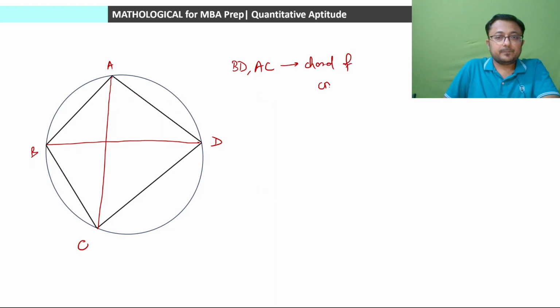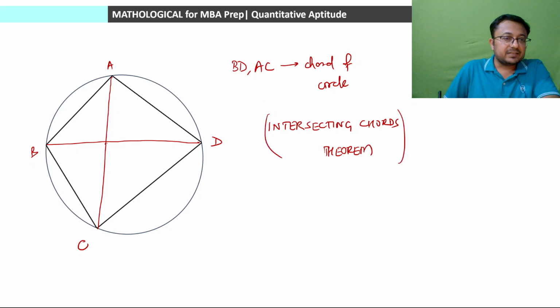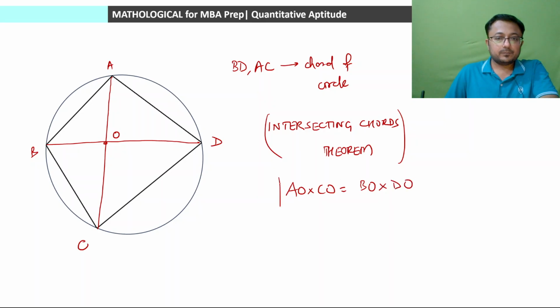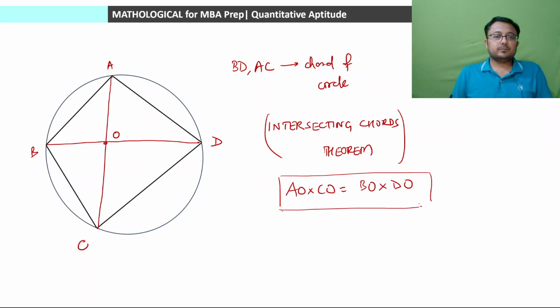As per the intersecting chords theorem, if the intersection point is O, then AO into CO is equal to BO into DO.